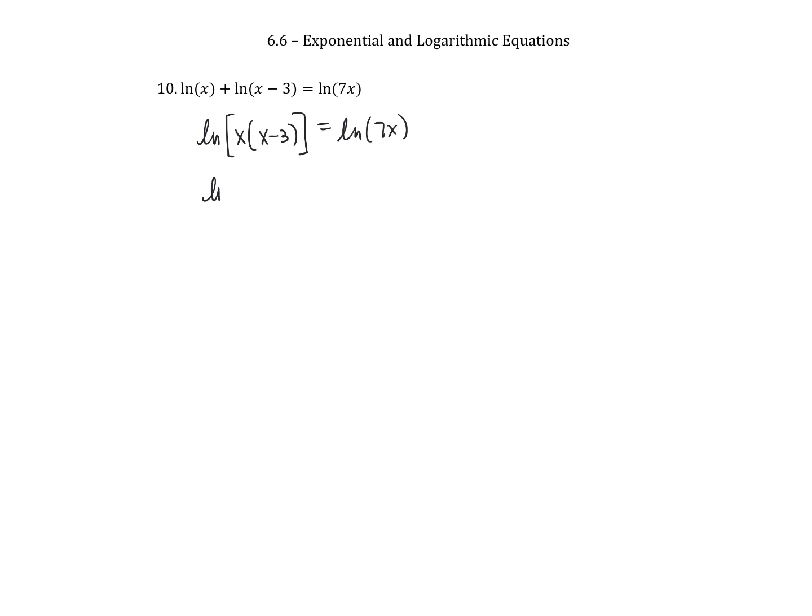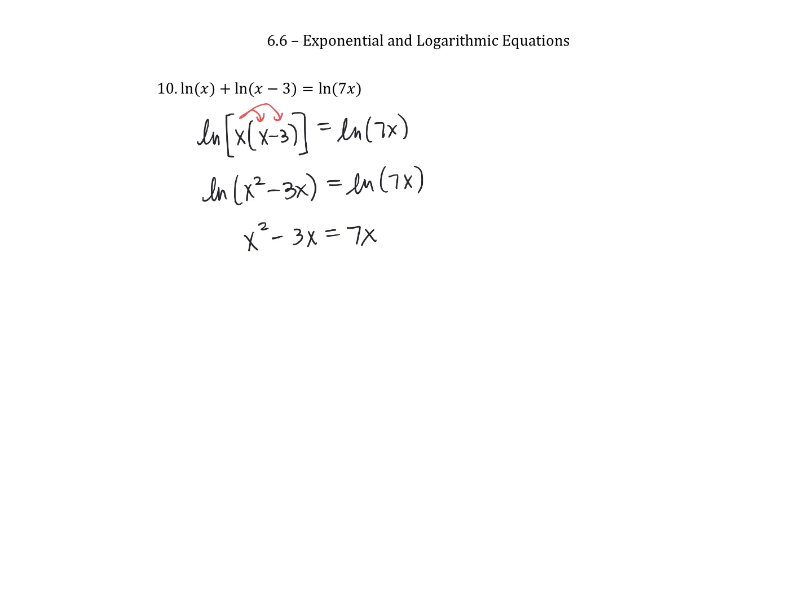So this would be the natural log of (x squared minus 3x), I'm just distributing here, is equal to ln 7x. Since I have only one natural log on both sides, I can ignore those and rewrite the equation with just what I'm taking the log of. So x squared minus 3x is equal to 7x.